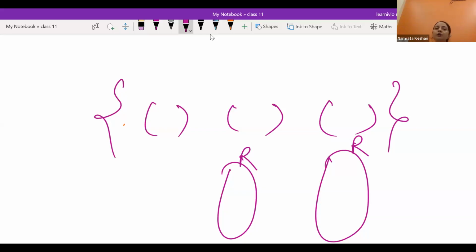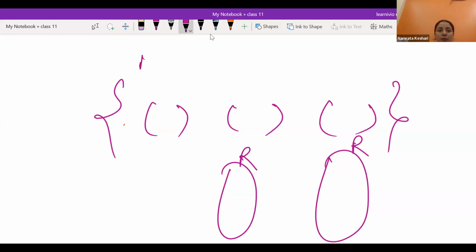So we are not able to represent it exactly using ordered pairs. Why? Because it connects one real number to another real number.